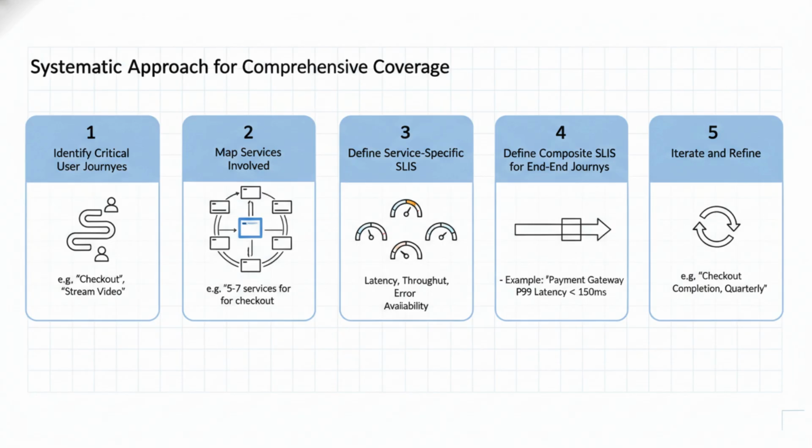Establish a checkout completion time SLI. Finally, iterate and refine. SLIs are not static. They should evolve as your services and user expectations change. Regular review and adjustment, perhaps quarterly, ensure they remain relevant and effective. This systematic approach ensures comprehensive coverage, aligning your technical metrics with actual user value.